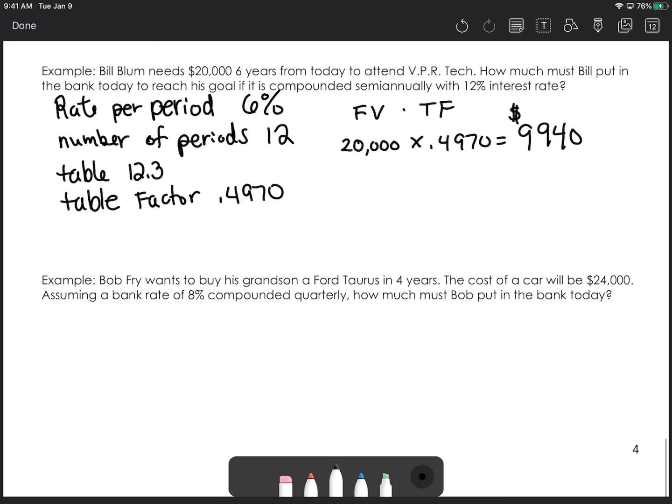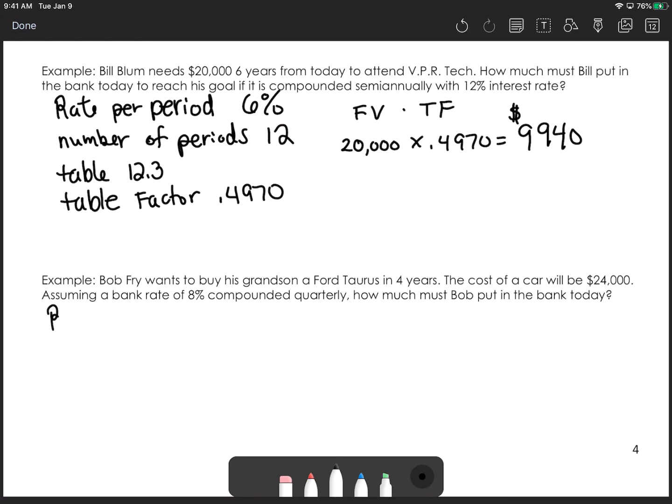Okay, last example. It says Bob Fry wants to buy his grandson a Ford Taurus in 4 years. The cost of a car will be $24,000. Assuming a bank rate of 8% compounded quarterly, how much must Bob put into the bank today? So he wants to have $24,000 in 4 years, and he needs to figure out what he needs to put in the bank today so he can earn enough interest to have $24,000 later.